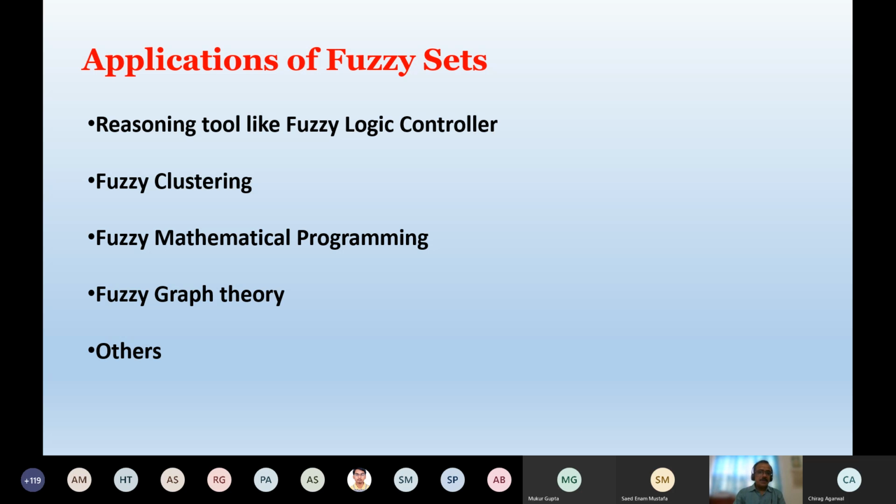Then comes the concept of fuzzy clustering. This fuzzy clustering is done using the concept of similarity. I'm going to discuss in detail how to use the concept of similarity to do the clustering.